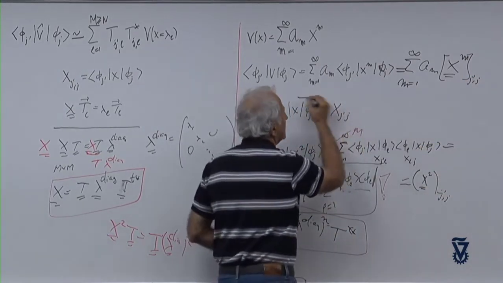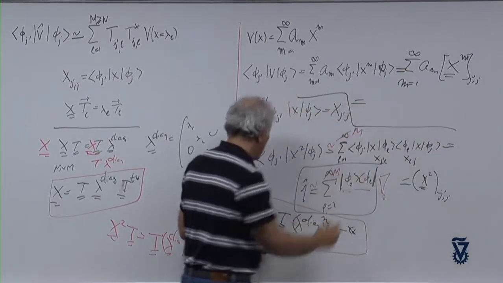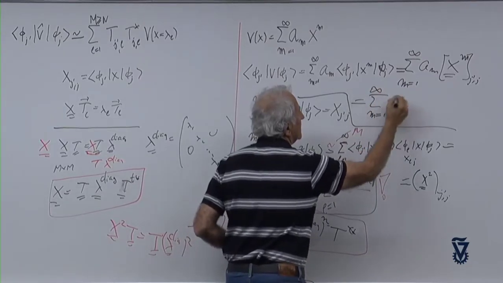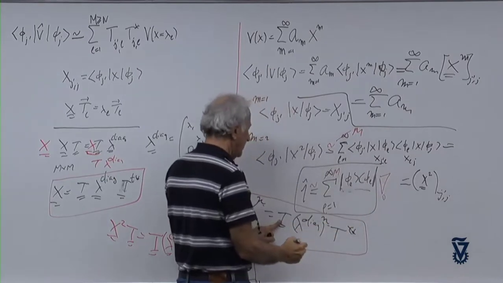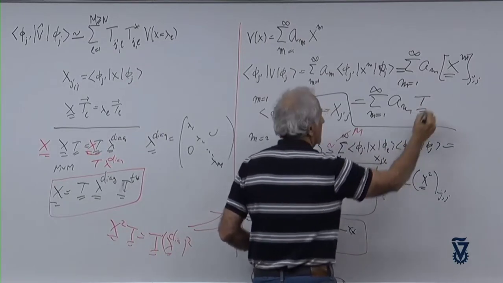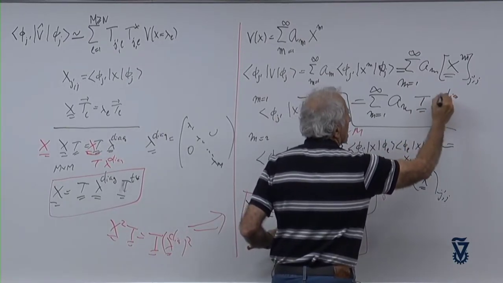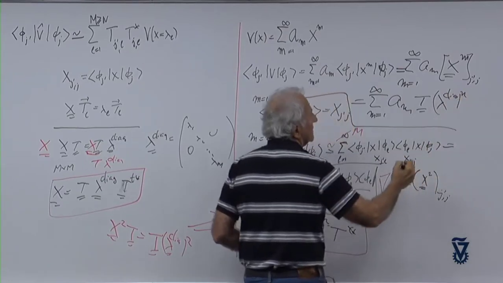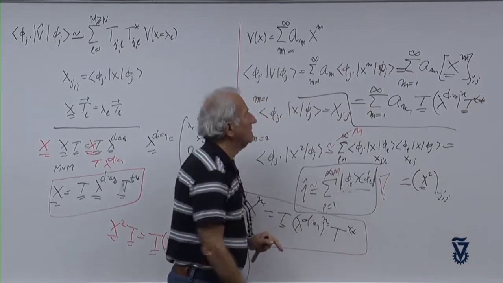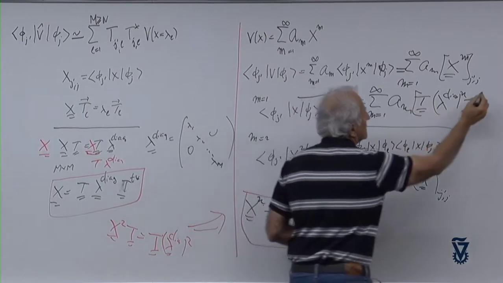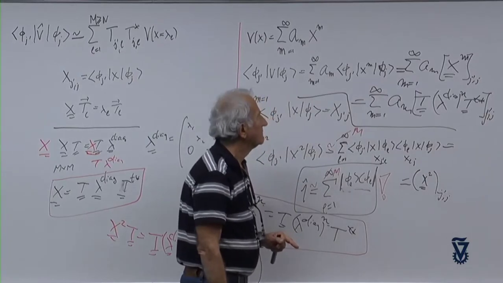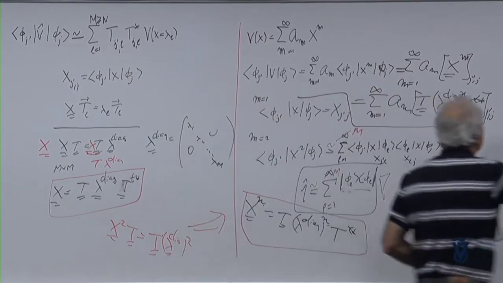But this is what? It is a summation over m from 1 to infinity of a_m, and then we have what I wrote here: T lambda diagonal to the power of m times T transpose complex conjugate, and then we need to take, of course, j prime j. Let us continue here.